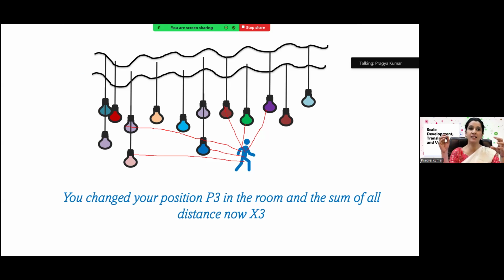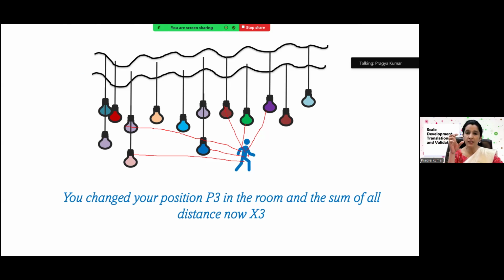Distances are error. If the distance of the items from the construct is more, that means the error is more. If the error is more, that means the construct you are measuring is not the true measurement of the construct.